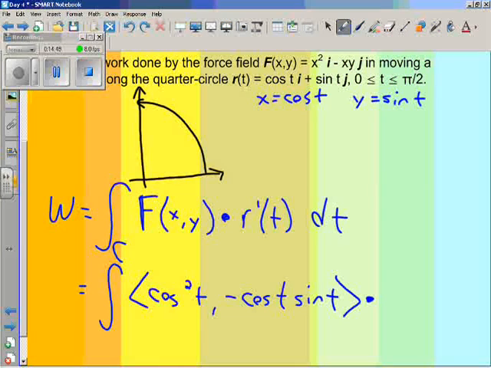And we're taking the dot product with r prime of t. So r of t is cosine and sine. r prime of t is going to be negative sine of t, and then cosine of t.